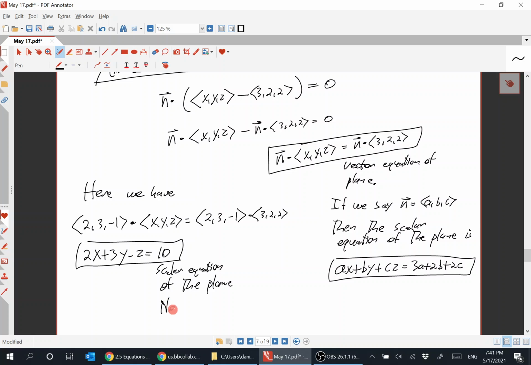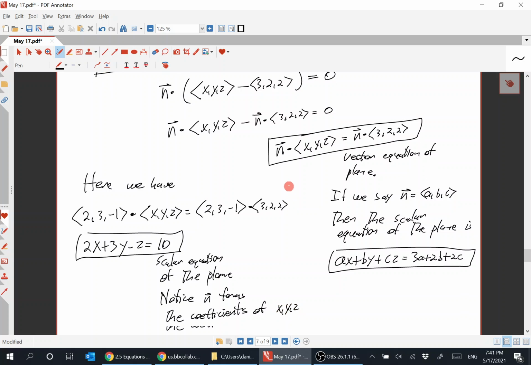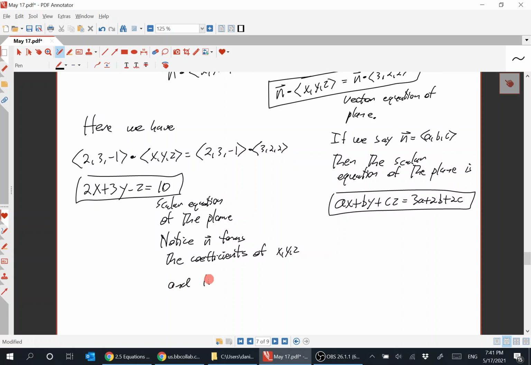Notice n forms the coefficients of x, y, z in the equation, and 10 is not 0, so the plane doesn't go through the origin. Because if it did, I could have used 0, 0, 0 here. It's any point on the plane.